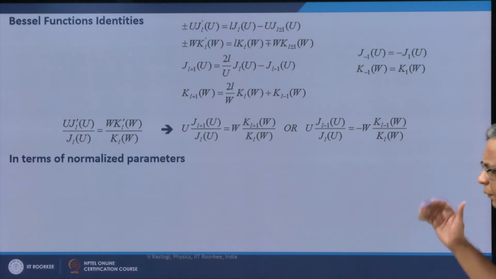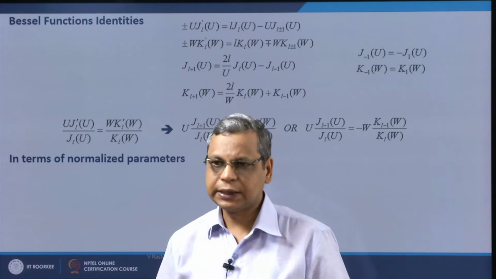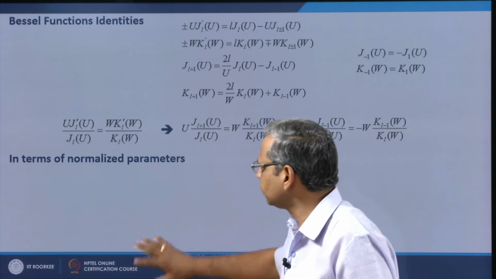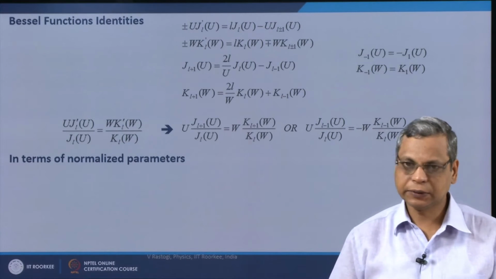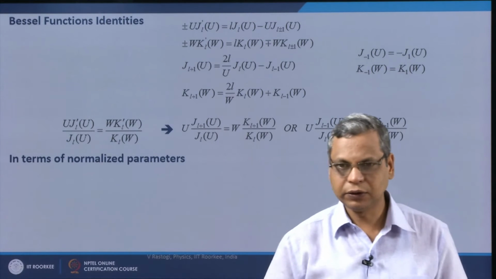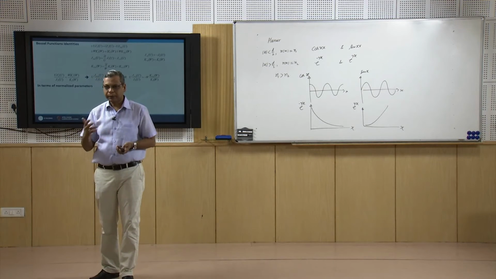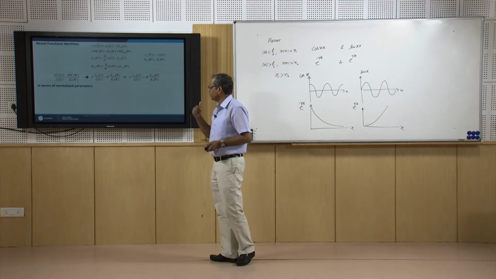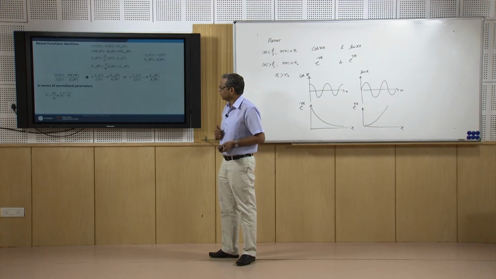As we have been doing the representation of all these equations in normalized parameters, in fiber also it is worth representing this in normalized parameters and doing the analysis in normalized parameters, so as to get rid of any fiber parameters and wavelength. Okay, so we can have it independent of fiber parameters and wavelength.